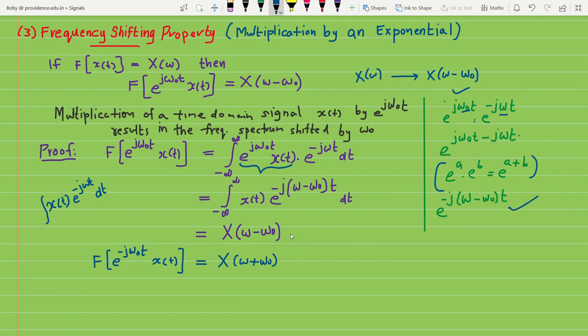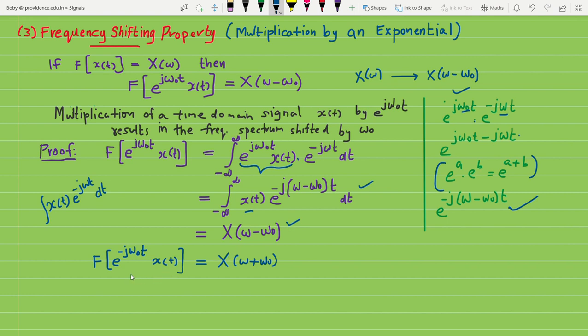So when these two exponentials are combined, it will become e raised to minus j into omega minus omega 0 into t, dt. This is nothing but X of omega minus omega 0. So the integral of x of t into e raised to minus j omega minus omega 0 t is nothing but X of omega minus omega 0.